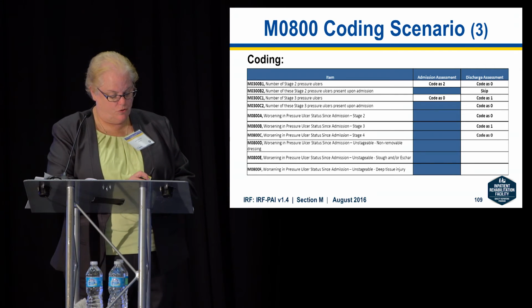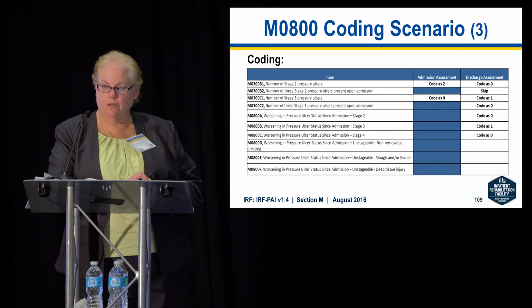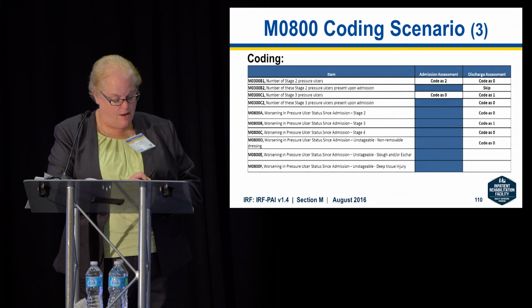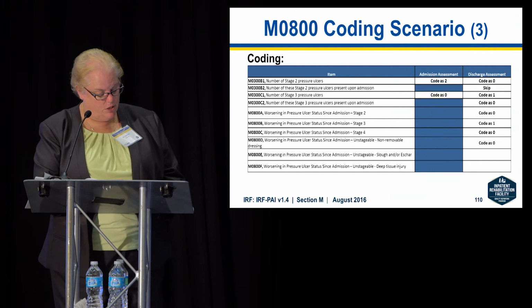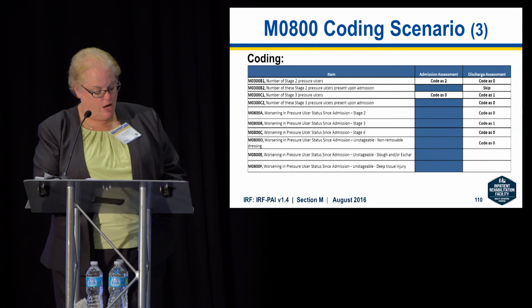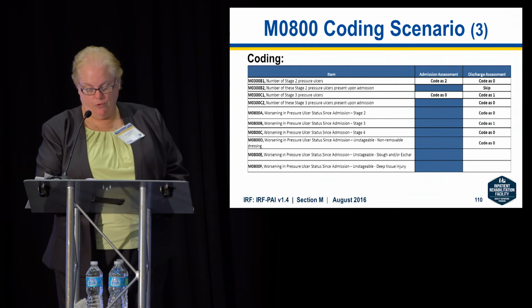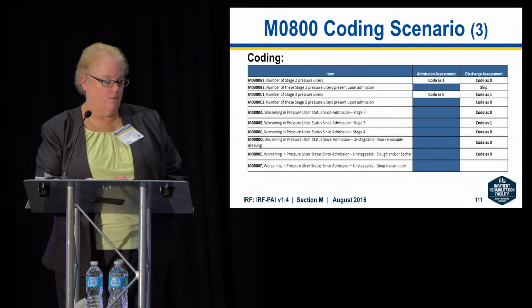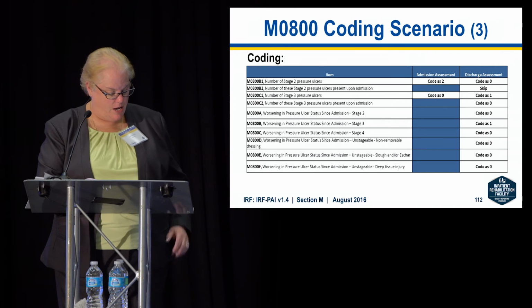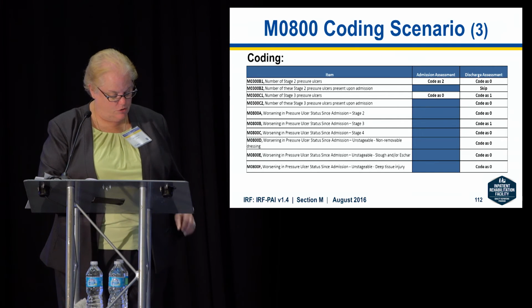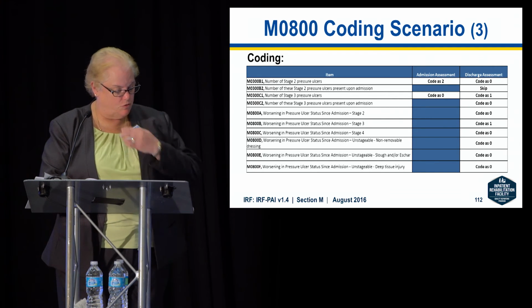Worsening in pressure ulcers since admission stage 4, 0. Okay. How about worsening pressure ulcers since admission due to unstageable due to non-removable dressings? 0. And then how about due to slough or eschar? Okay. And then how about unstageable due to suspected deep tissue injury?